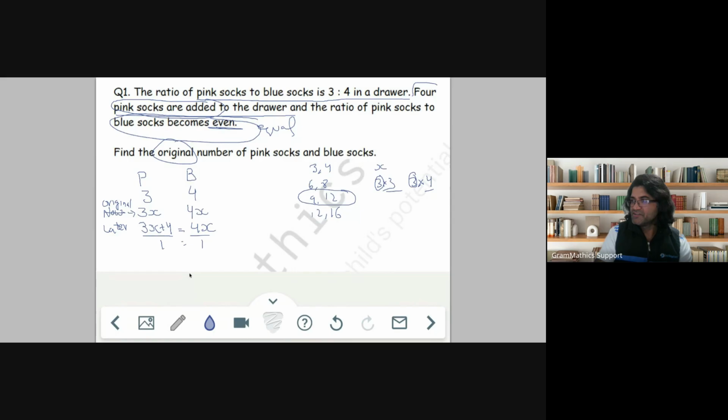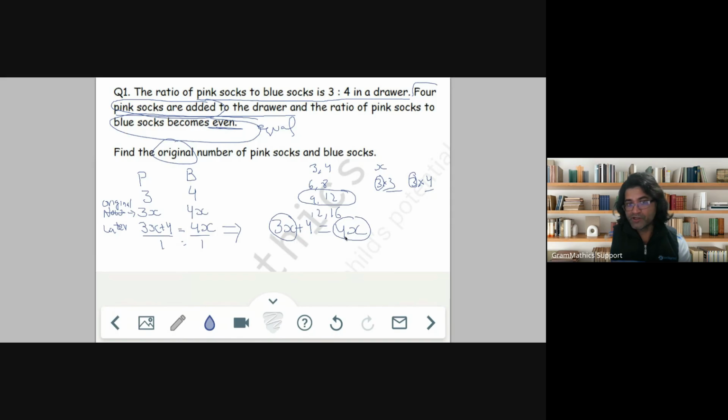Isn't it? So 3x plus 4 is equal to 4x. So what does that mean? So if 3x plus 4 is equal to 4x, if you know algebra, in algebra, like terms, all the x's we move to one side, all the constants we move to the other side.